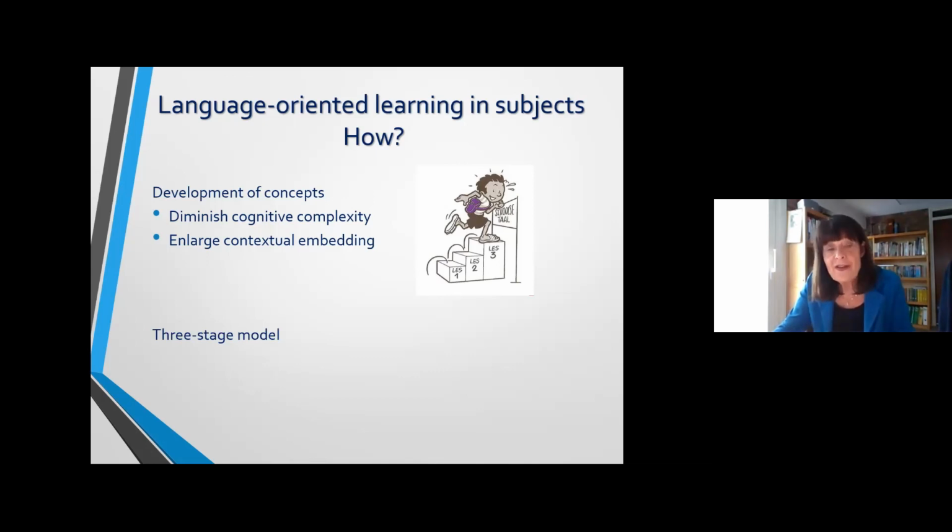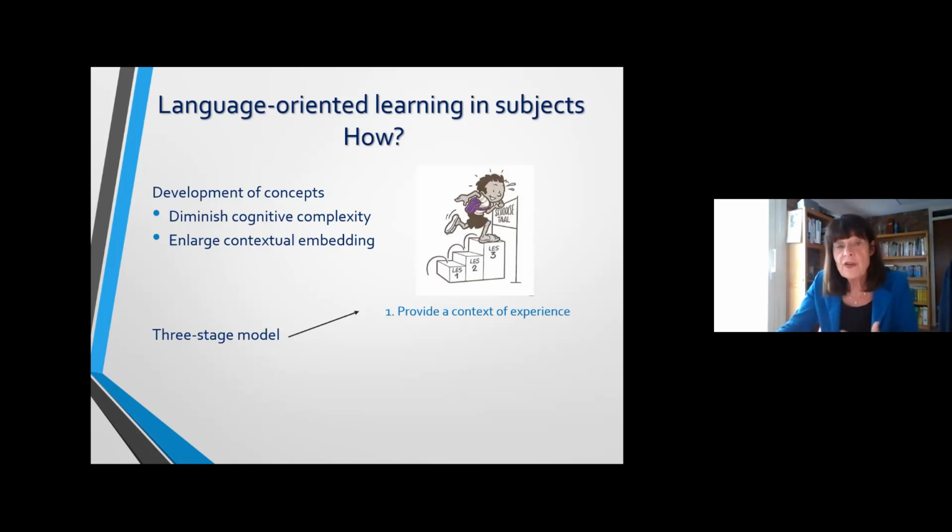And you could do this in a three-stage model in which the first stage is a context with experiences, in which teachers can use the difficult words or concepts that can be selected in advance. And then these difficult words are used as much as possible with a lot of visual material to make them concrete.